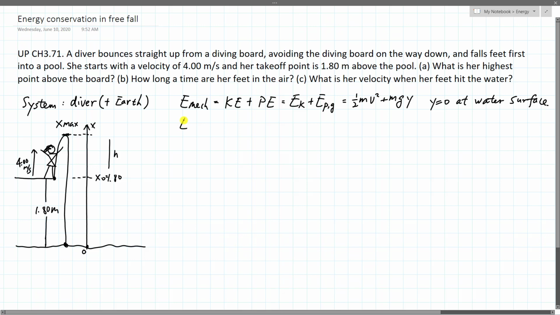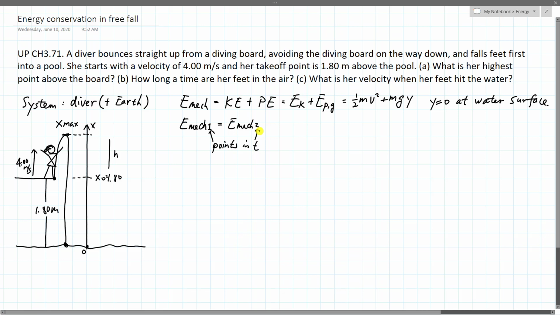We can write this generically as mechanical energy 1 equals mechanical energy 2. 1 and 2 are 2 points in time. Let's point to these 1 and 2. And we need to identify these points in time.